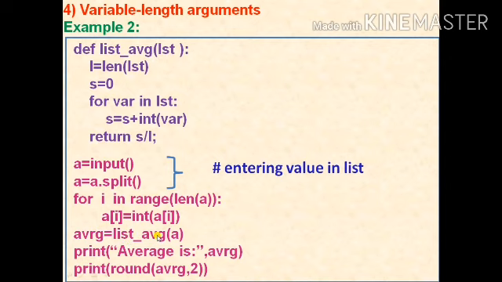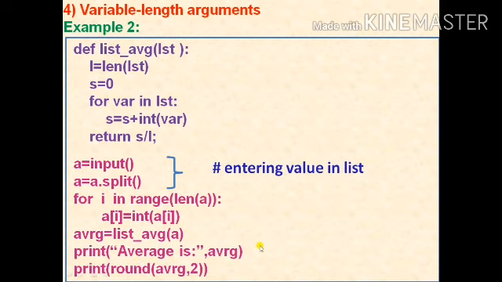The average of A is obtained by the list average function, and this function's return value is assigned to avrg, and the output is: average is avrg.